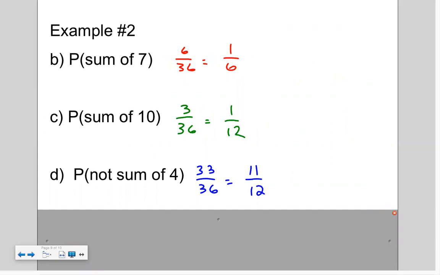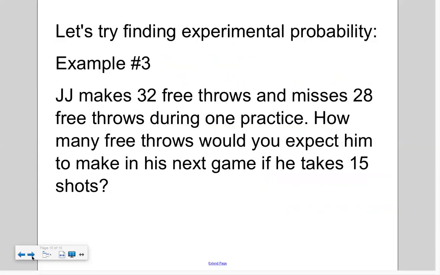All right. Good. Let's look at an experimental probability situation. It says JJ makes 32 free throws and misses 28 free throws during one practice. How many free throws would you expect him to make in his next game if he takes 15 shots? Well, let's figure out what our experimental probability equals, a number between 0 and 1.